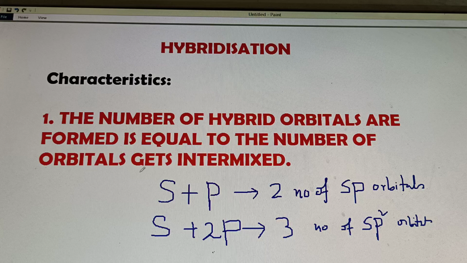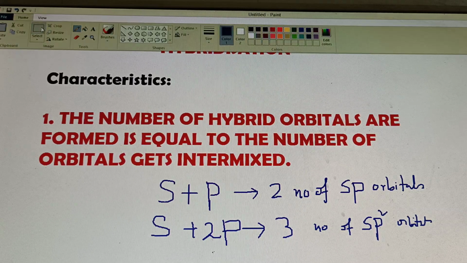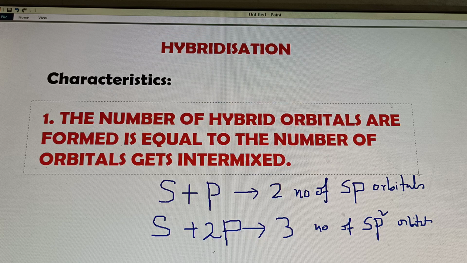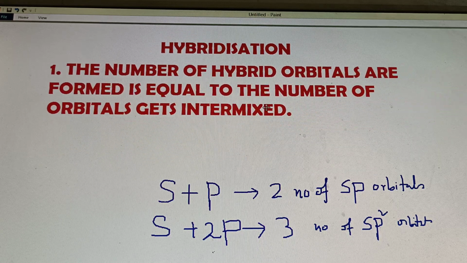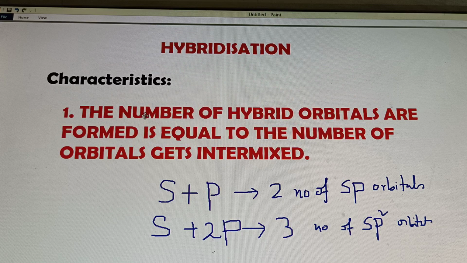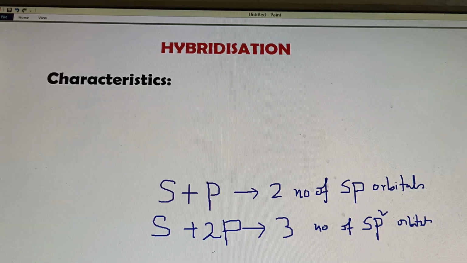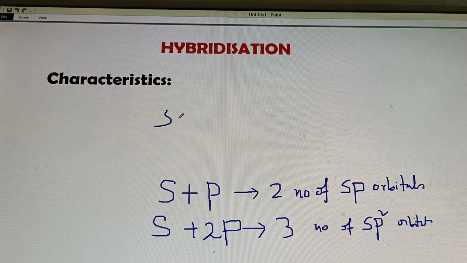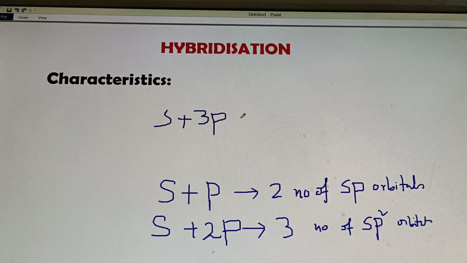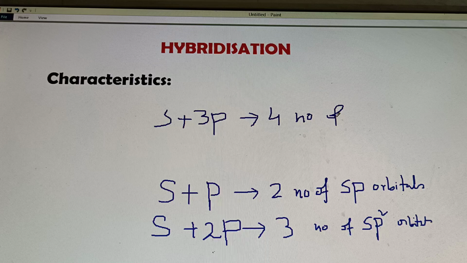In this way, if we mix one s with 3 p orbitals, it gives 1 plus 3, that is 4 sp3 orbitals.